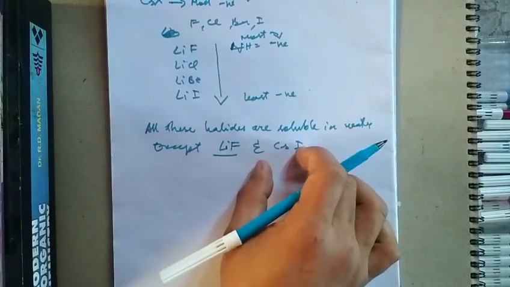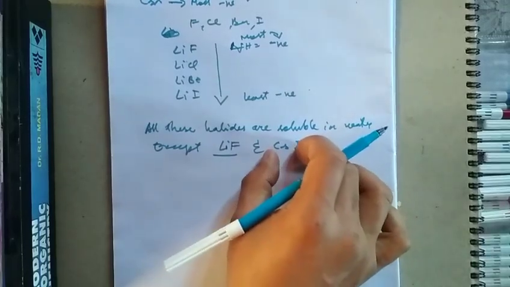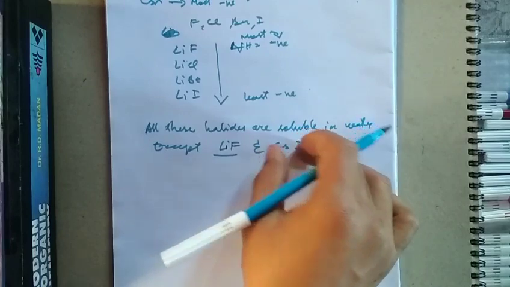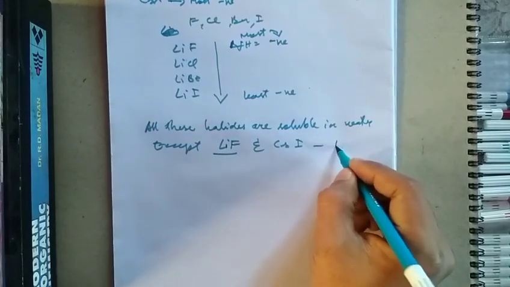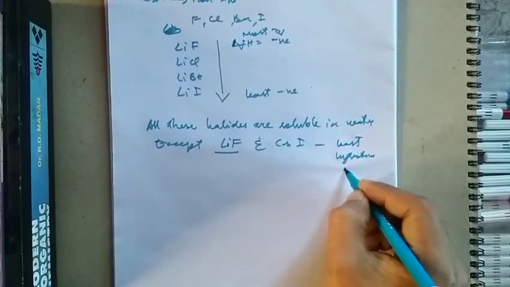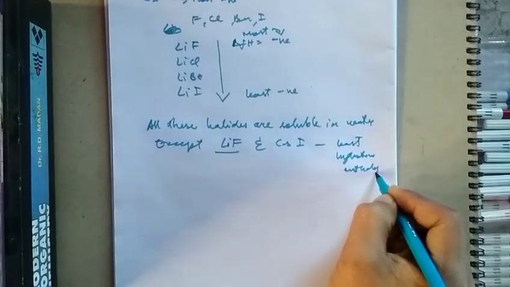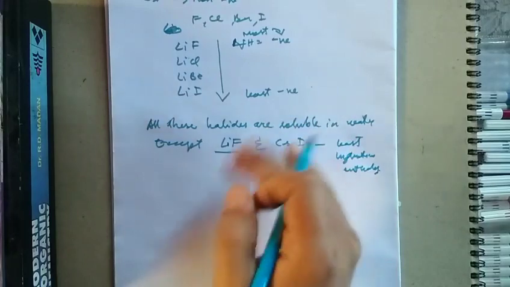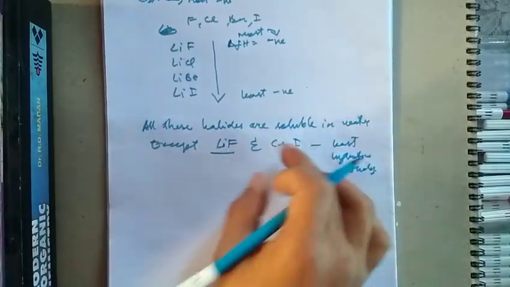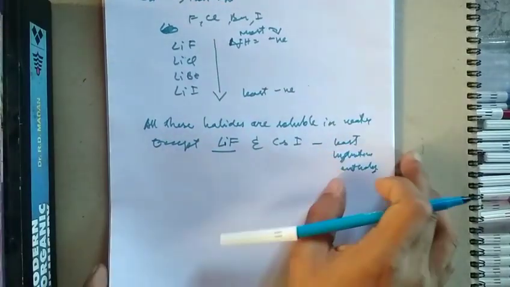They have a bigger size, and since they have a bigger size, they have less hydration enthalpy, and because of this less hydration enthalpy, they are less soluble in water. So I hope these two are clear. Now let's see the next one.